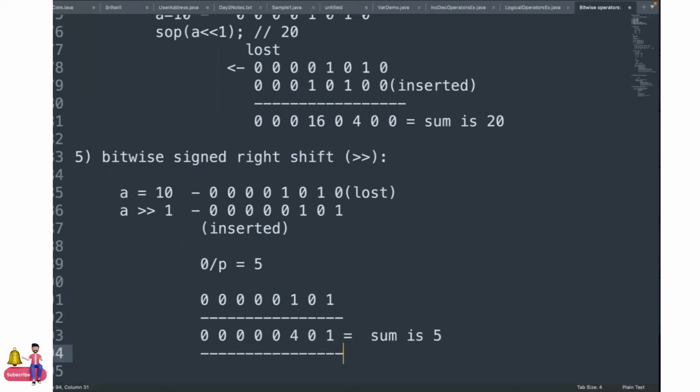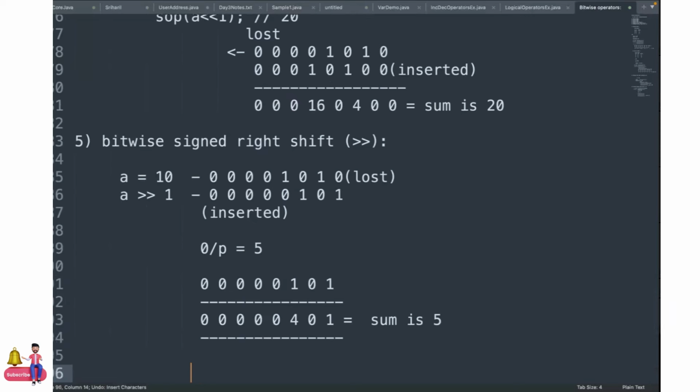So this is how the bitwise signed right shift operator works. So we have another one. What is the other one we have? The next operator we have is the bitwise unsigned right shift.